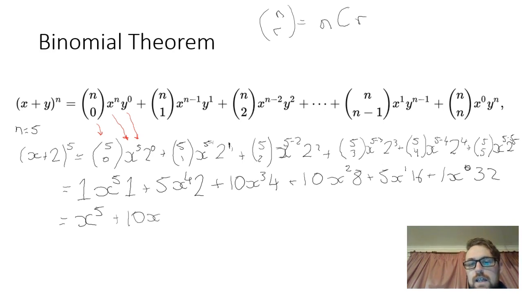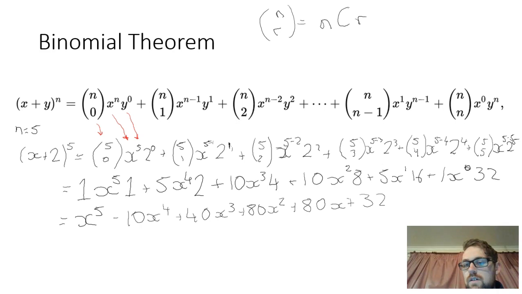So we're left with 10x to the power of 4, and that will go on. 10 times 4 is 40x to the power of 3, plus 80x to the power of 2, plus, again, 80x, plus 32. Okay, so that is our final solution using the binomial expansion, or the binomial theorem.